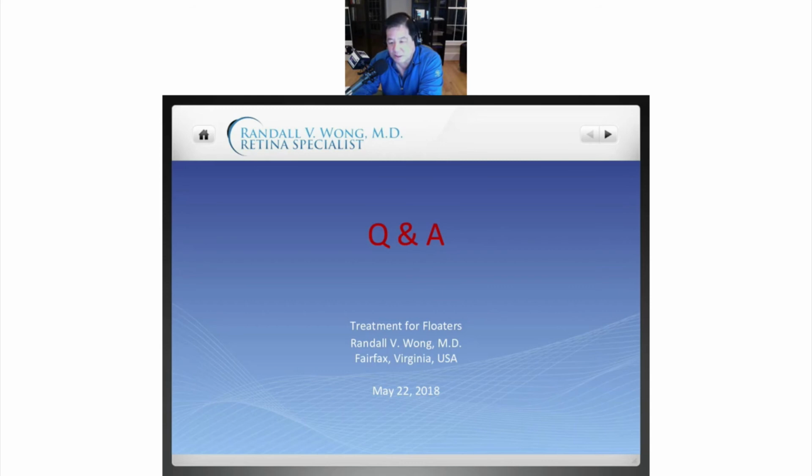John says, last one. I am 23 and don't expect getting cataract for another 20 years. After FOV, can my expectation remain the same, or should I expect one sooner? I have no idea. Cataract formation in every individual varies, and in every individual that gets a vitrectomy varies. I'm just going to answer it this way.